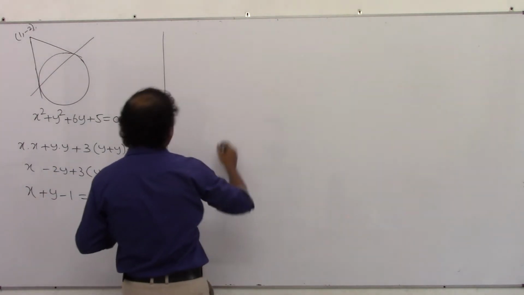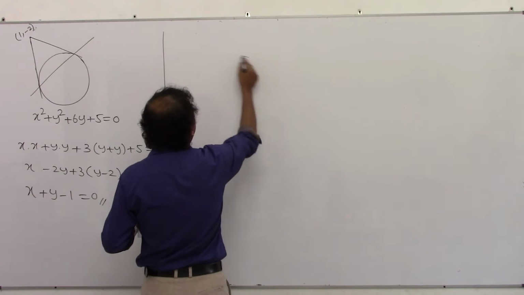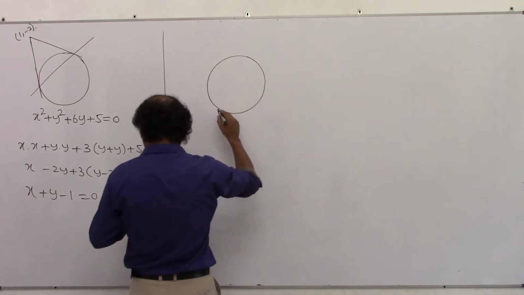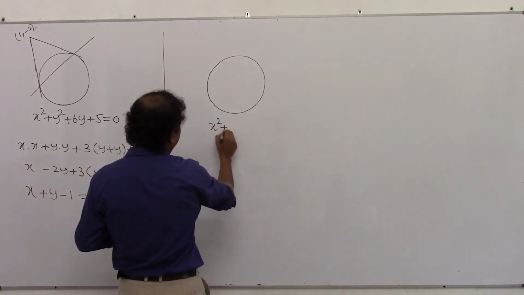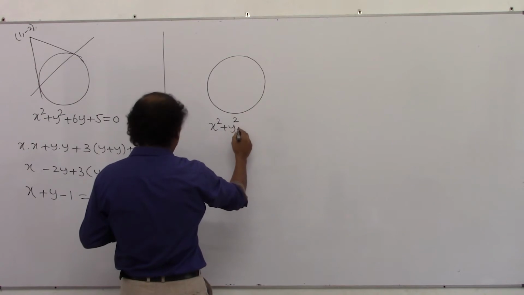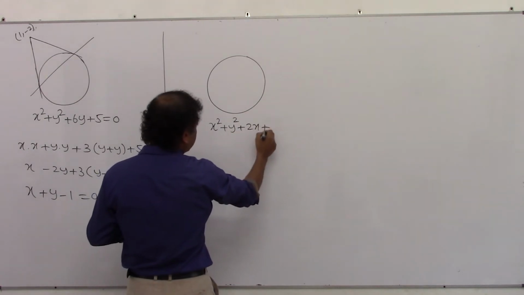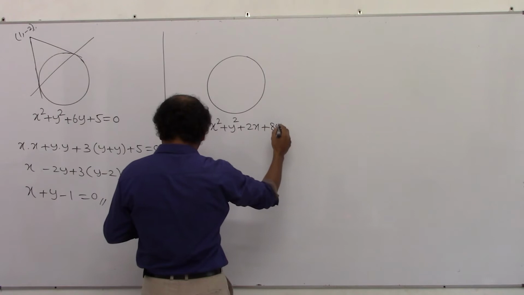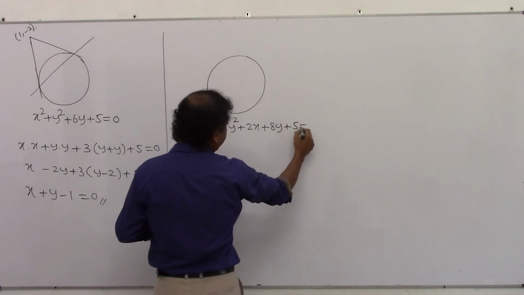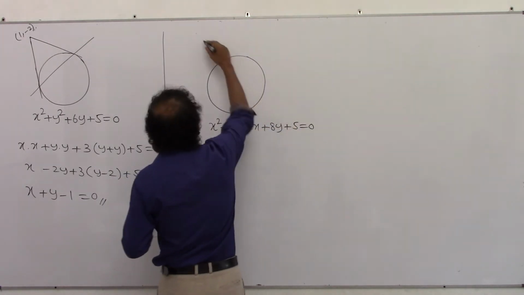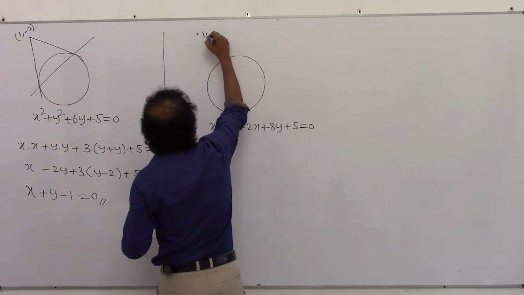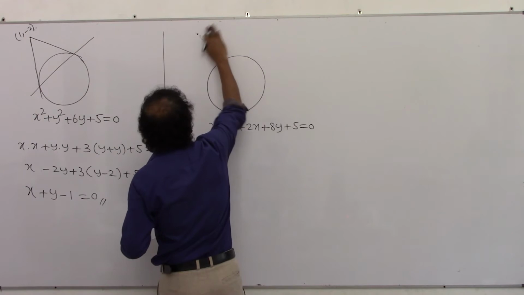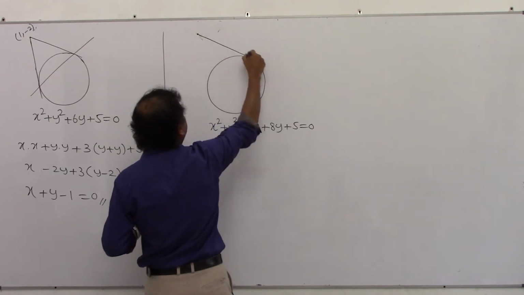Our second circle is this. Its equation is x squared plus y squared plus 2x plus 8y plus 5 equals 0. From the same point (1, -2), the two tangents are constructed.